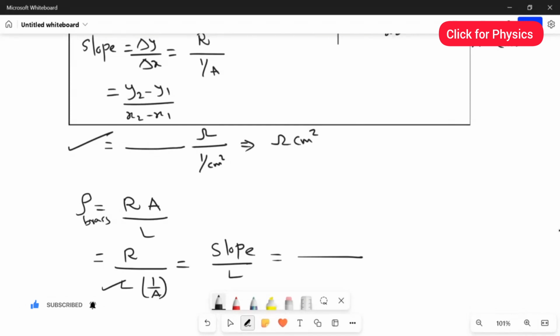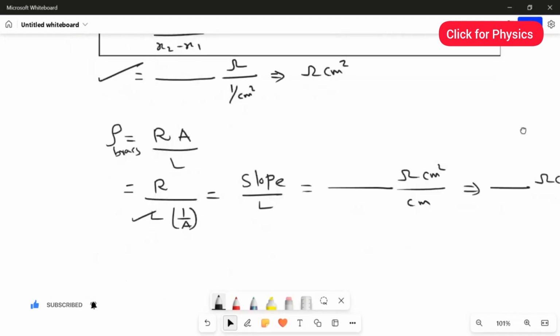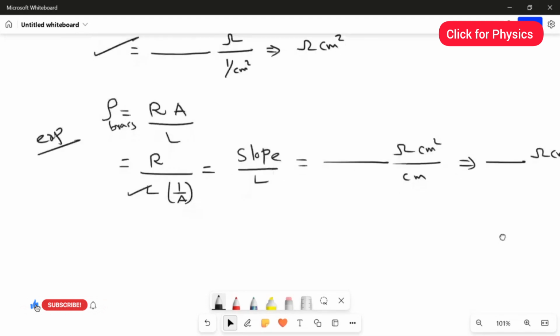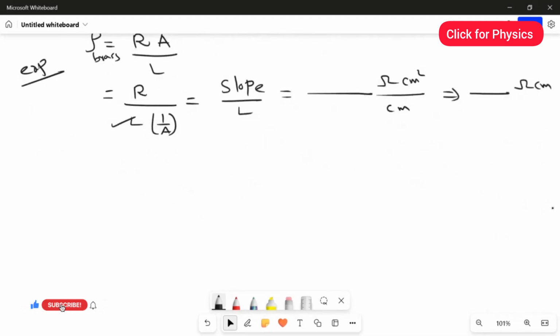And what's the unit for this? The unit for the slope is ohm centimeter square, divided by centimeter. So the final answer is in terms of ohm centimeter. After we find the resistivity value by experiment, this is our experimental calculation, right? Now we have to find the error percentage calculation for the brass.